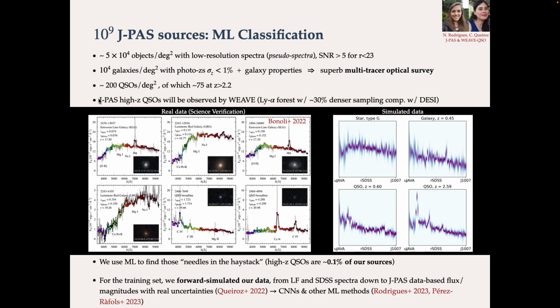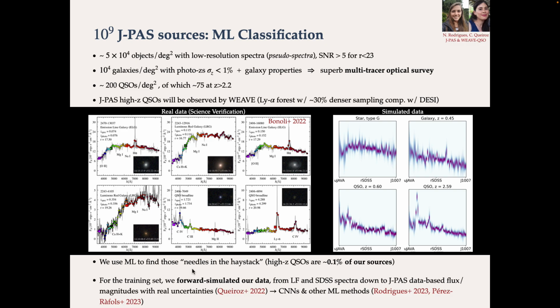The quasars detected by JPAS will be followed up by the WEAVE survey to study the Lyman alpha forest. The fact that we have a denser sample compared with DESI will be key in this strategy. So we'll have a smaller area compared to DESI, but we'll have more objects.